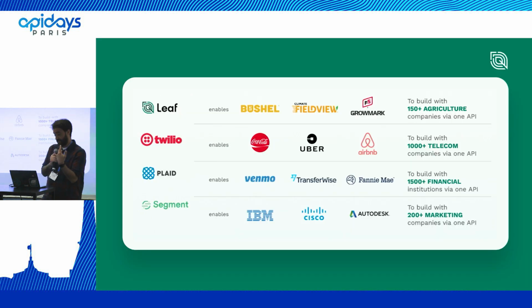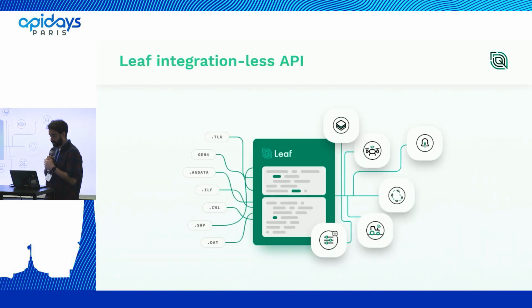What we do, we believe, is similar to what Twilio does in telecom, or Plaid does in finance, and Segment does in marketing. So it's the same idea. Instead of accessing formats directly, we access use cases. So our users can access use cases.